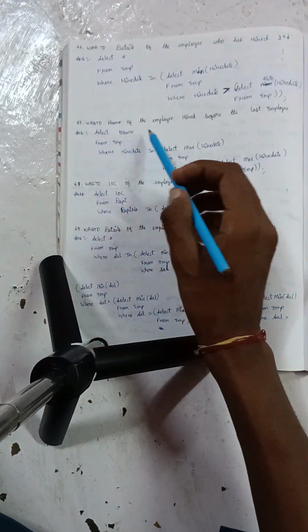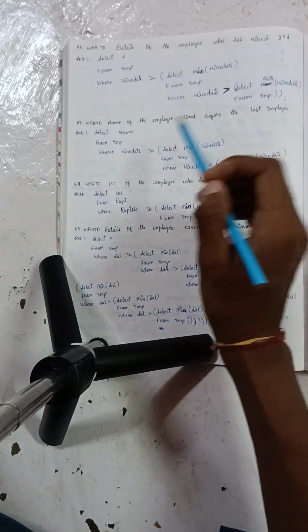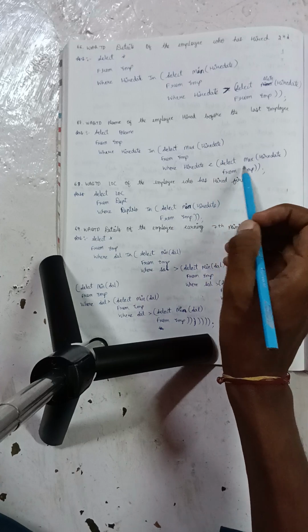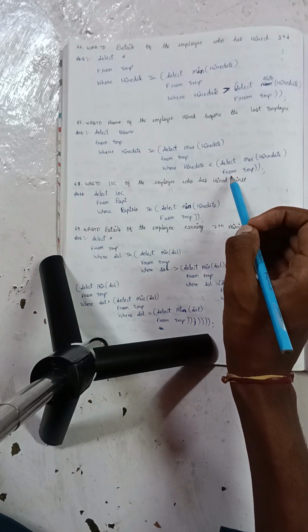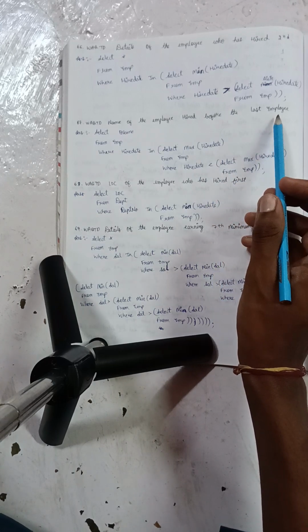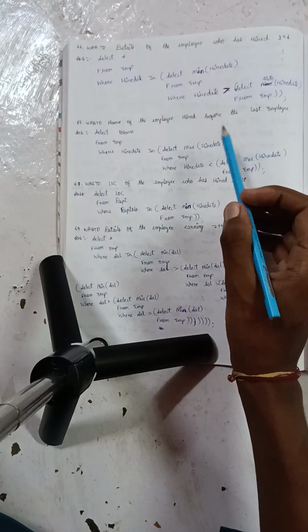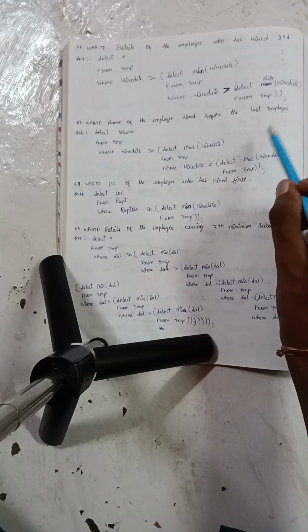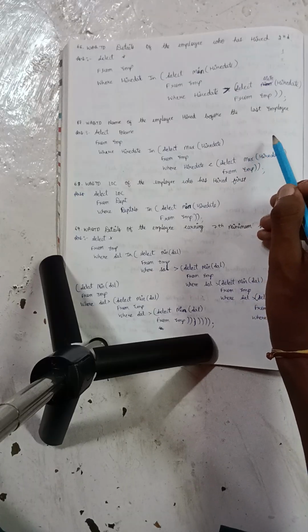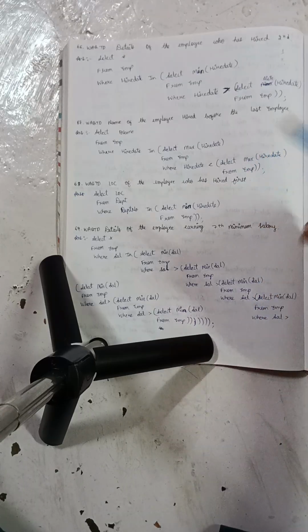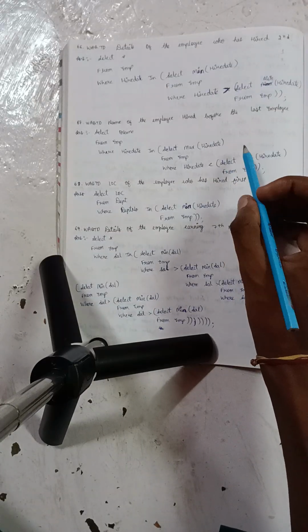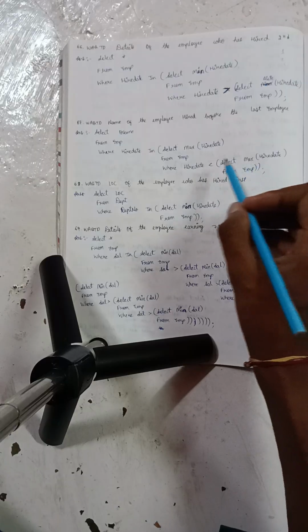Write a query to display the name of the employee hired before the last employee. So here select max of hire date from EMP. Here we want the last employee, hired before the last employee. Suppose the last employee has the maximum date. So select max of hire date from EMP. Here we will get the maximum hire date.